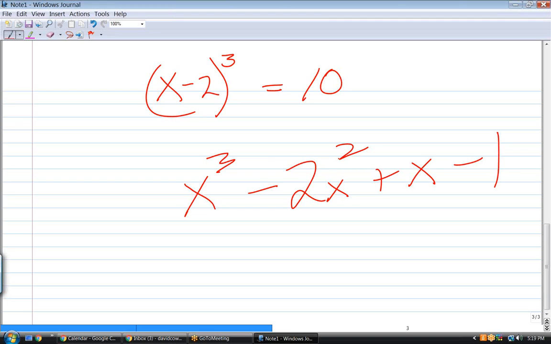There's no cubic formula. There's no formula you can plug in A, B, C, and D to come up with the solution, assuming this was all equal to 0, of course.